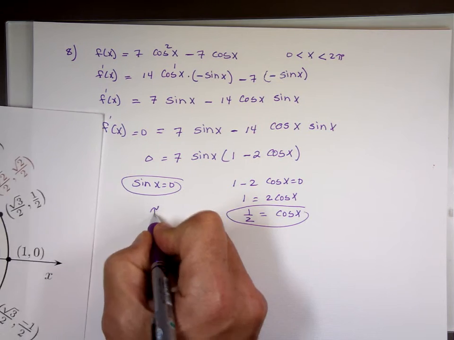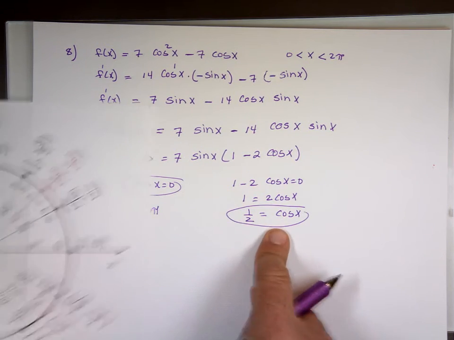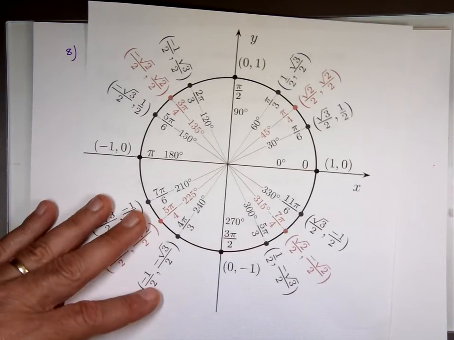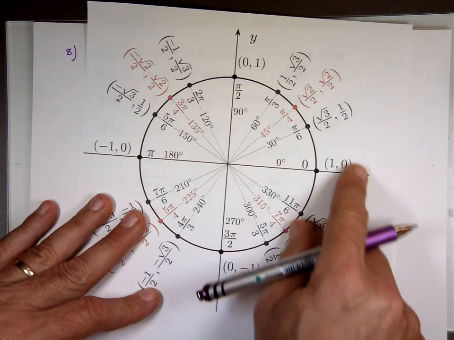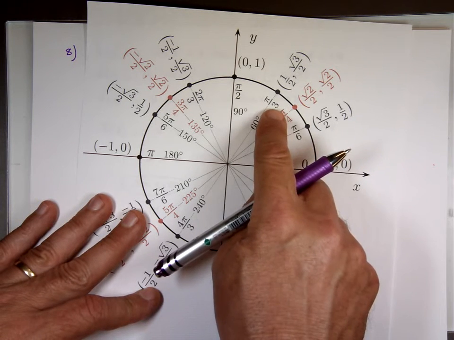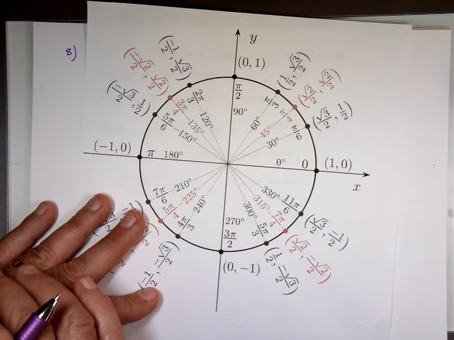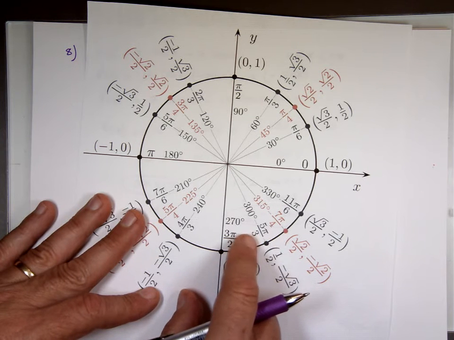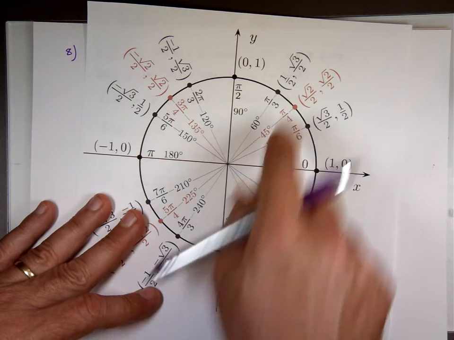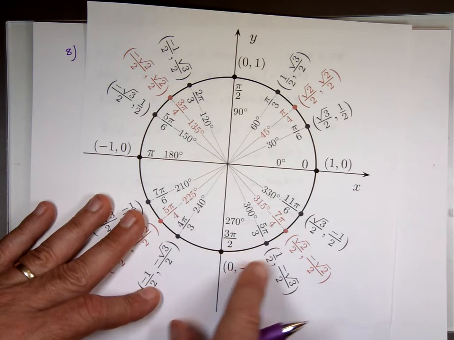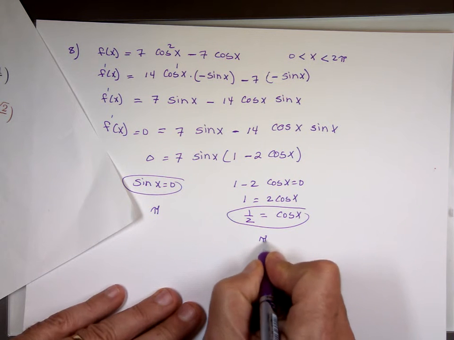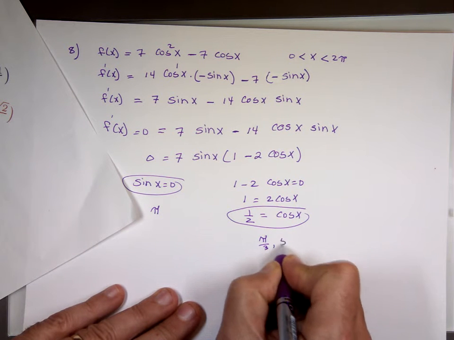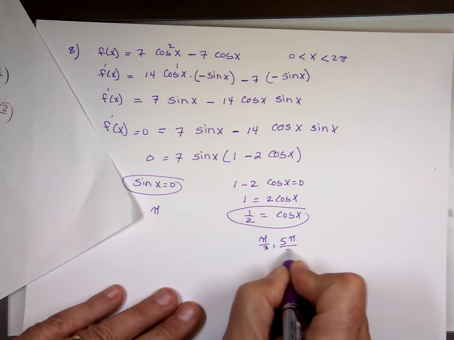And where does cosine equal 1/2? Cosine is the first number. Pi over 3. And what? 5 pi over 3. See them? Pi over 3, 5 pi over 3. So these are the values that are going to cut my segment.